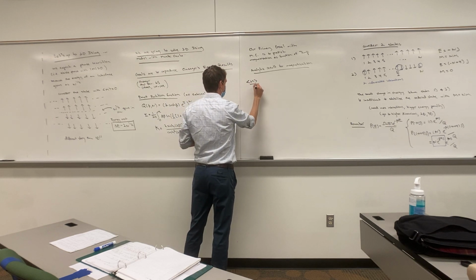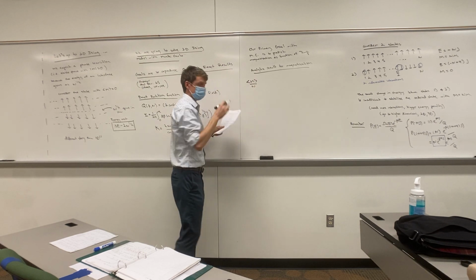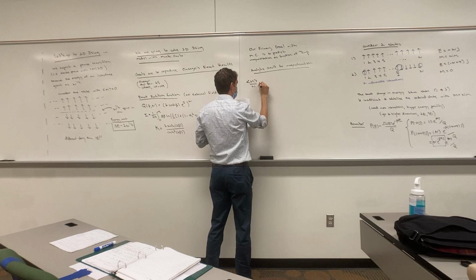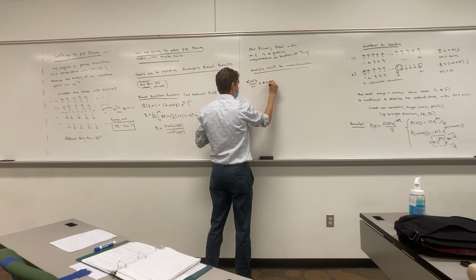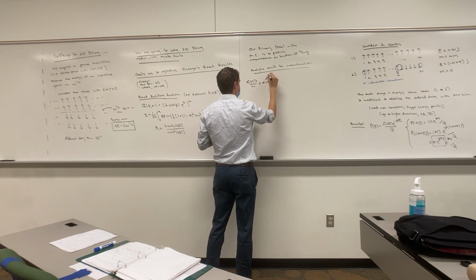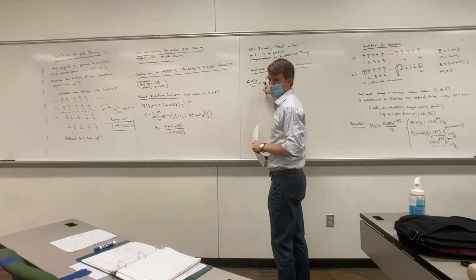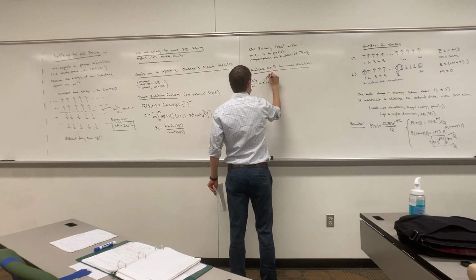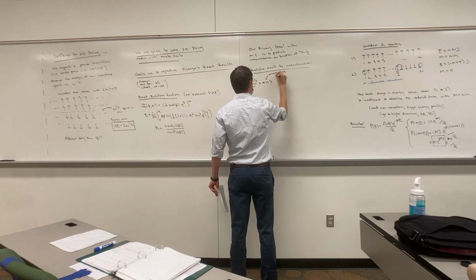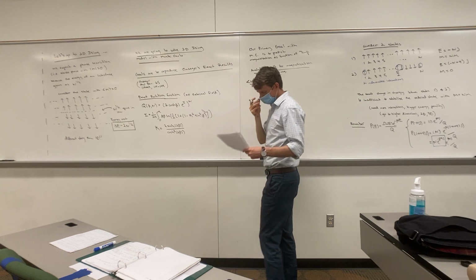So we're going to normalize by N, right? Equals average of little m. So this is the average magnetization per spin. Average magnetization per spin is what we want to calculate.